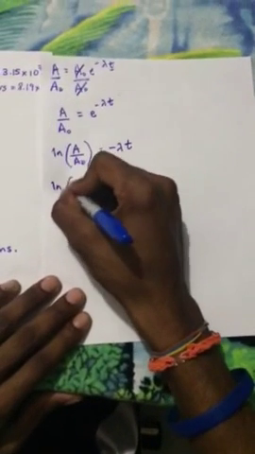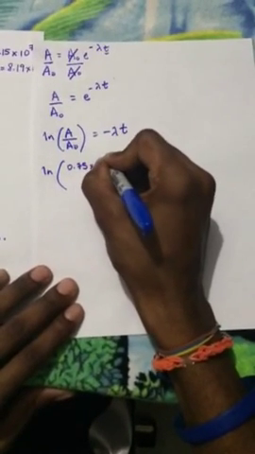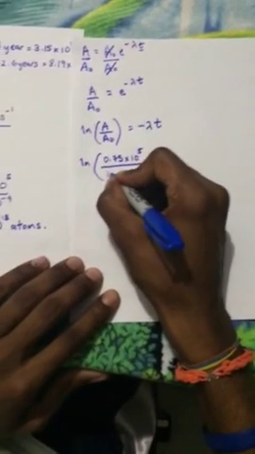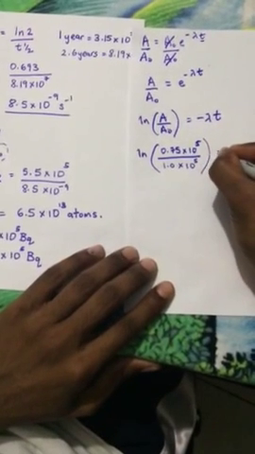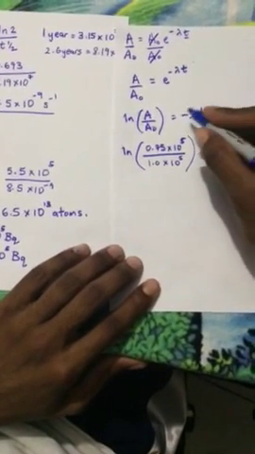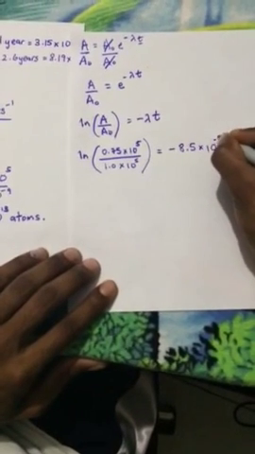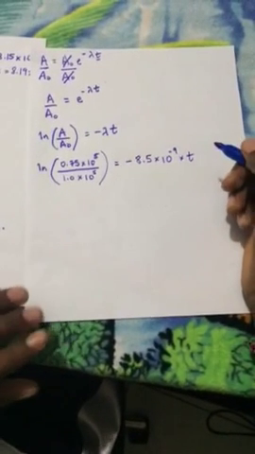Now we have ln, our value for A is 0.75 times 10 to the 5 divided by A naught, which is 1.0 times 10 to the 5. And all of this is equal to minus lambda, which we calculated to be 8.5 times 10 to the minus 9, times this little t, which we're trying to find.